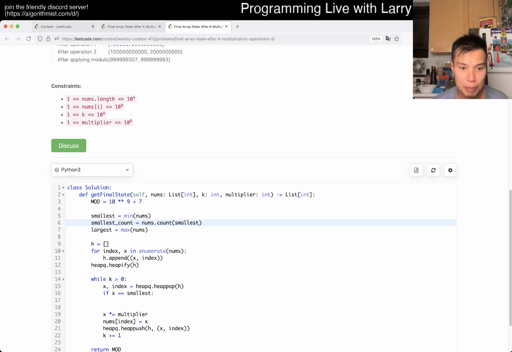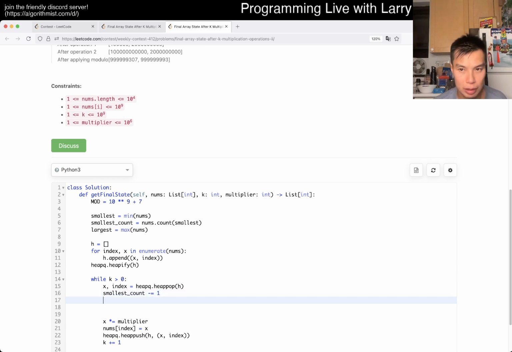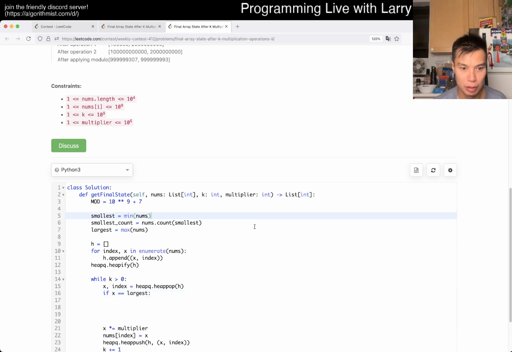Yeah, I mean, every heap pop is going to be the smallest. So then now we just have to count the smallest one, right? So then now, yeah, that's okay. But we want to make sure that, okay, so I guess the first time we want to get the largest, actually. Then that means that all the numbers smaller than largest is good. Right.